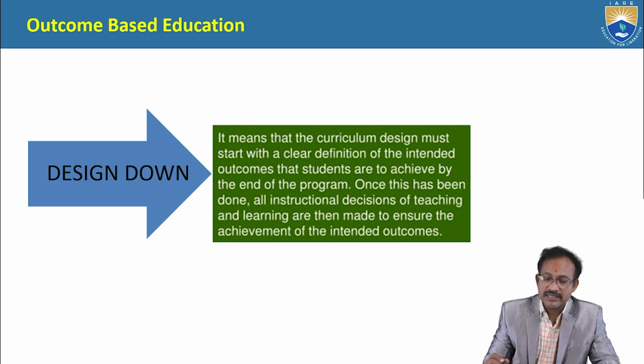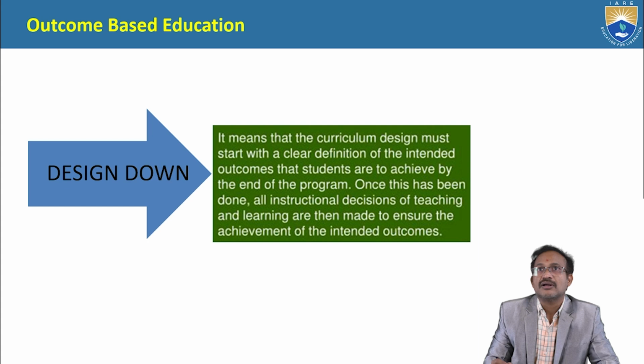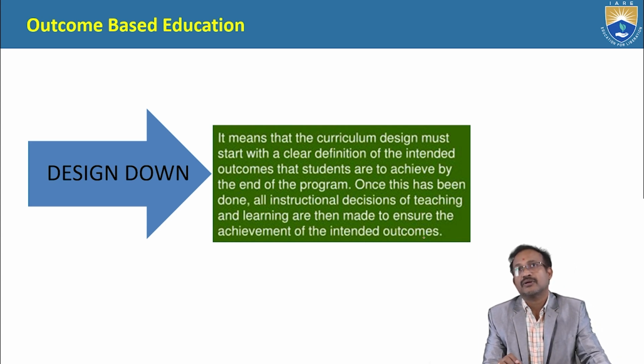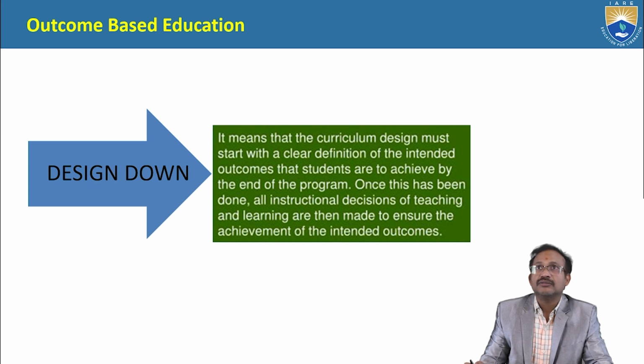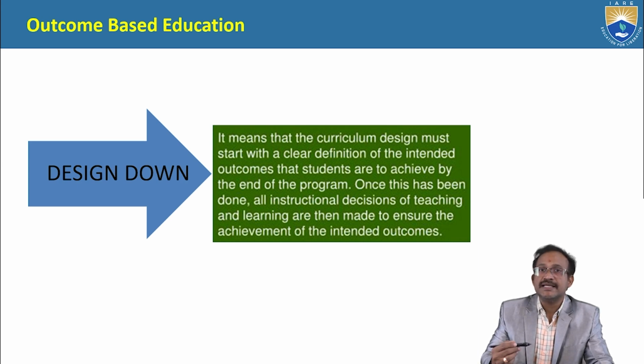Once this has been done, all instructional decisions of teaching and learning are then made to ensure the achievement of the intended outcomes. So we have to design the curriculum, and design down the courses, as per the industry needs.